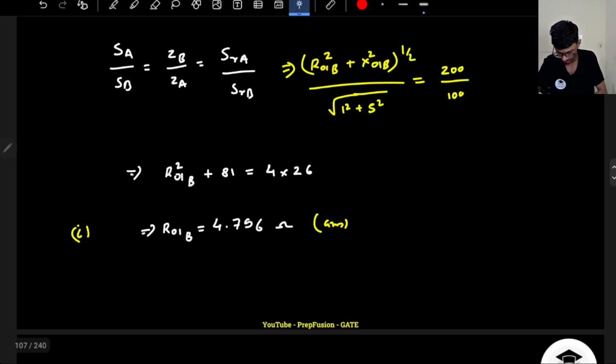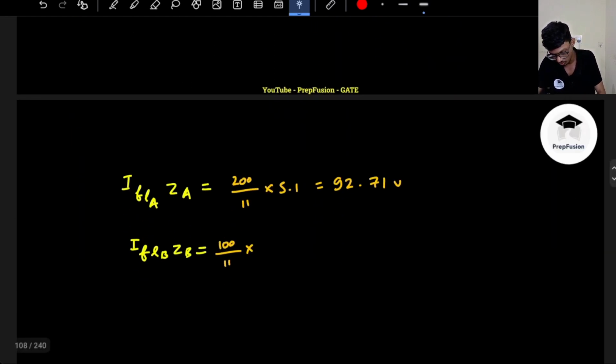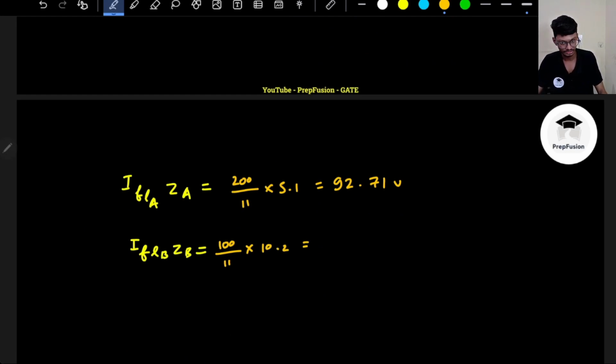If you find it out, it will be twice actually. So 4.796 whole square plus 81 under root, so it is 10.2. It is almost twice. So it seems both the drops are same only.